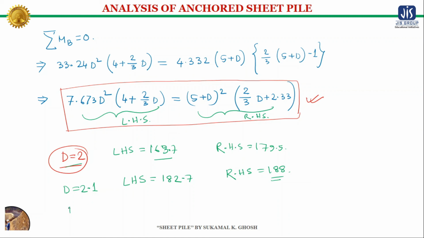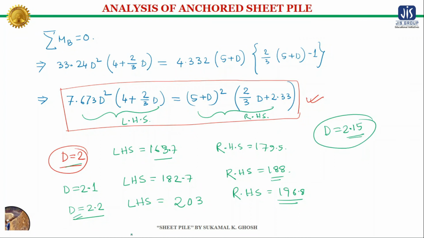Let me consider that D is equal to 2.2. Then you will have left hand side equal to 203 and the right hand side equal to 196.8. So we need to decrease the value of D. Now let me consider that D is equal to 2.15.